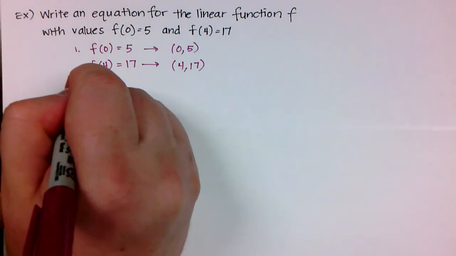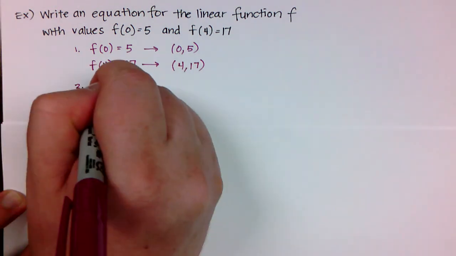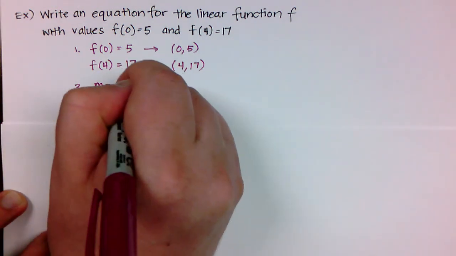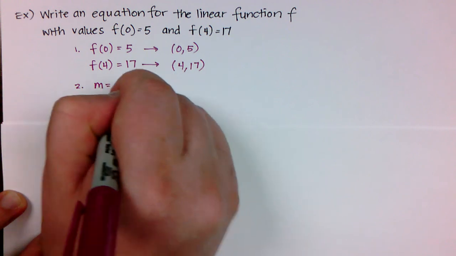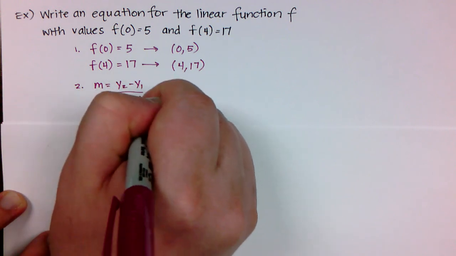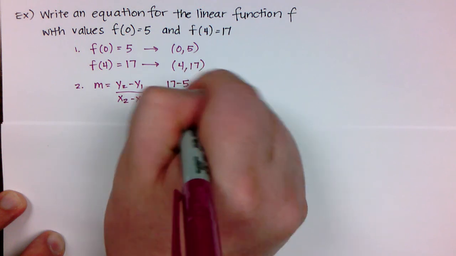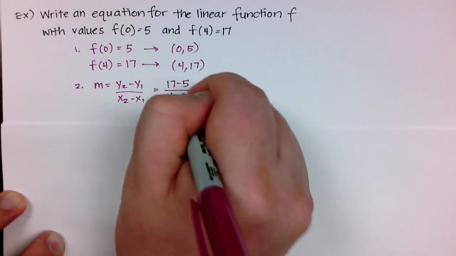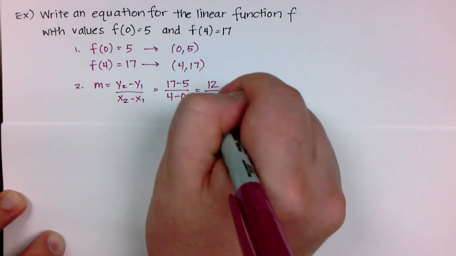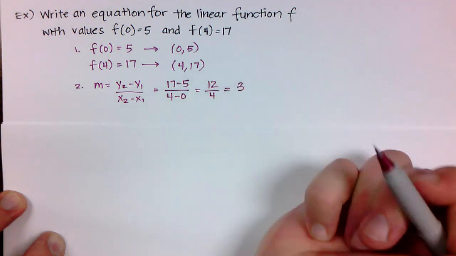Well, with that information, I can easily find the slope, right? So the slope would be y2 minus y1 divided by x2 minus x1. So let's do this. 17 minus 5 divided by 4 minus 0 is 12 divided by 4, which is 3.